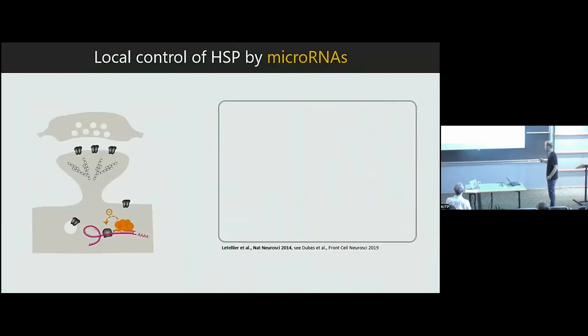And actually in the lab several years ago, we showed that the GluA1 subunit of AMPA receptors can be locally synthesized in dendrites, and that this synthesis is regulated by a microRNA, miR92a, which normally binds the 3' UTR of the transcript to inhibit translation.